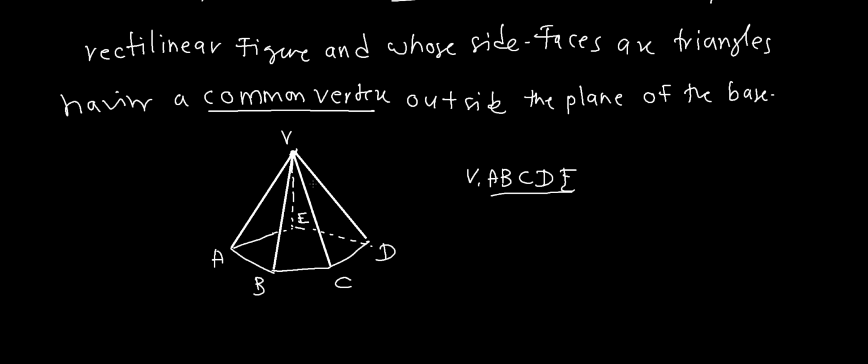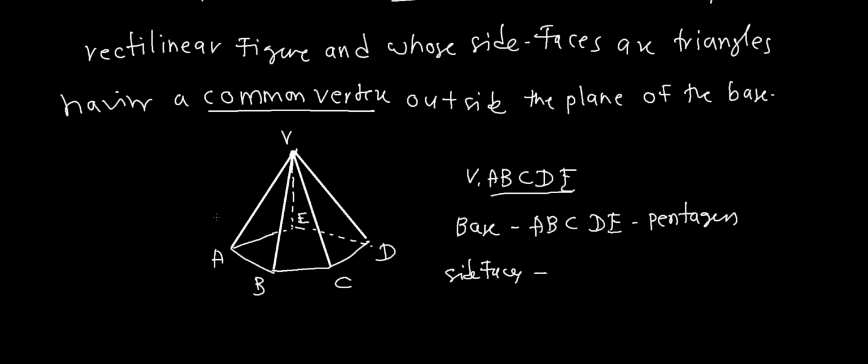whose faces are triangles. So we'll see first, the base is a pentagon, that is base A, B, C, D, E. It's a rectilinear figure and it's a pentagon. Then the side faces, these side faces are triangles.